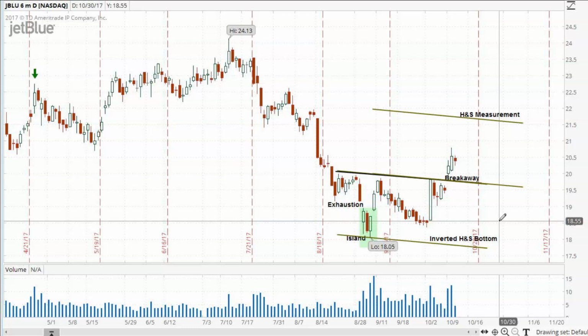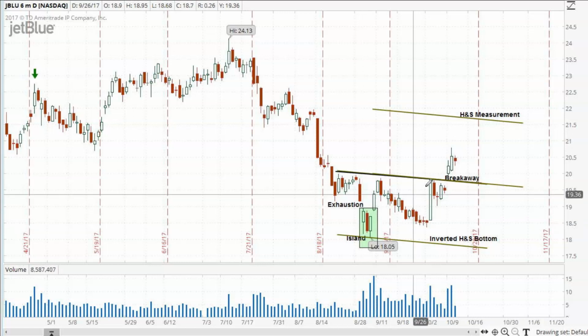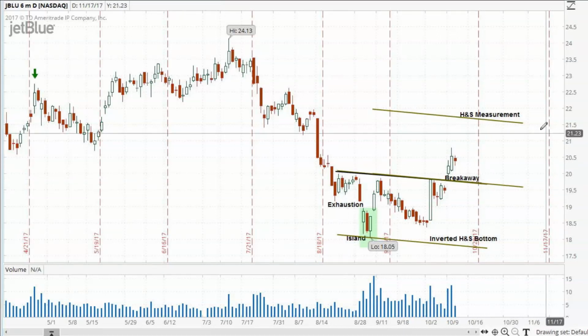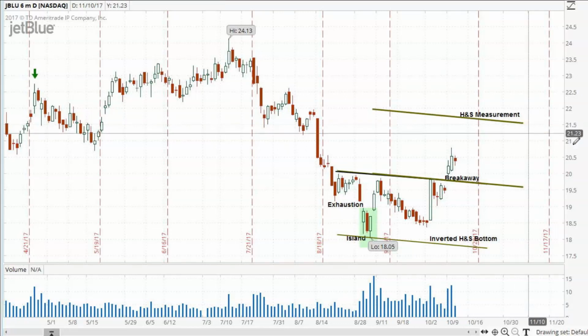It's been established and it's going to continue. An island reversal after an exhaustion period, an inverted head and shoulders, and a breakaway upside gap. All of that is just beautiful. And here's your upside measurement of the inverted head and shoulders, around 21.5. So, that's a reasonable target area when you see that on this chart.